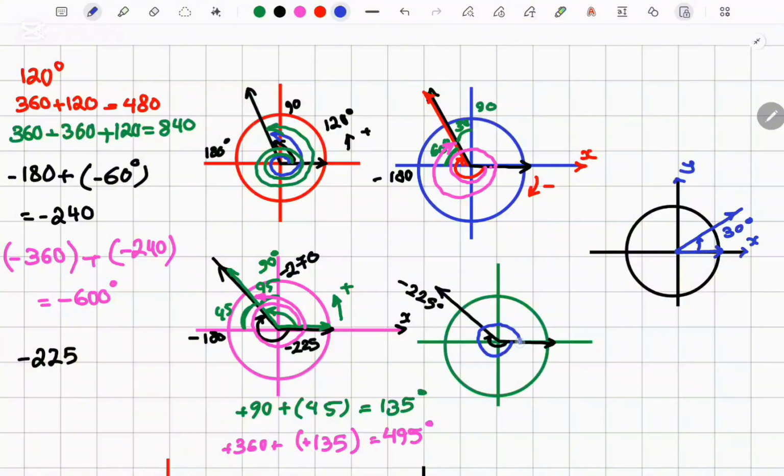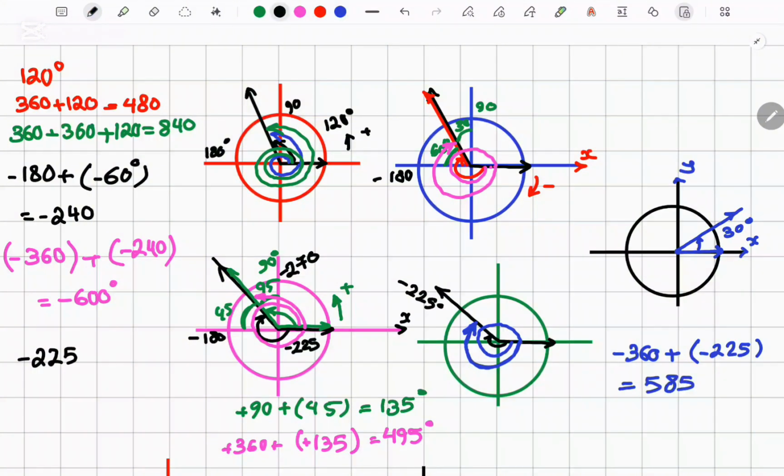I'm going to go one full round and this much more. So one full round is negative 360 degrees. And guys, what is this much more? It's negative 225, right? So it's going to be negative 225 and one full round, which is going to be negative 585.